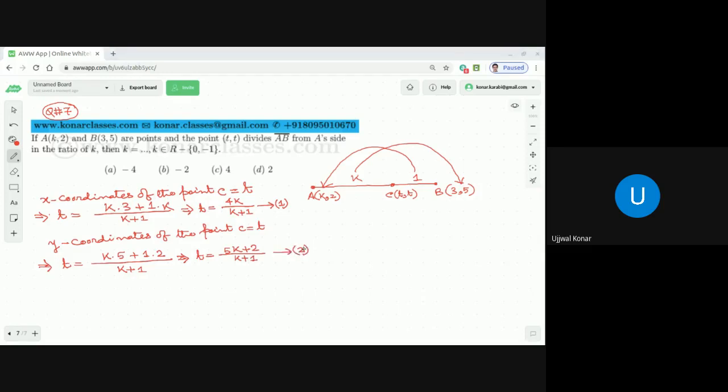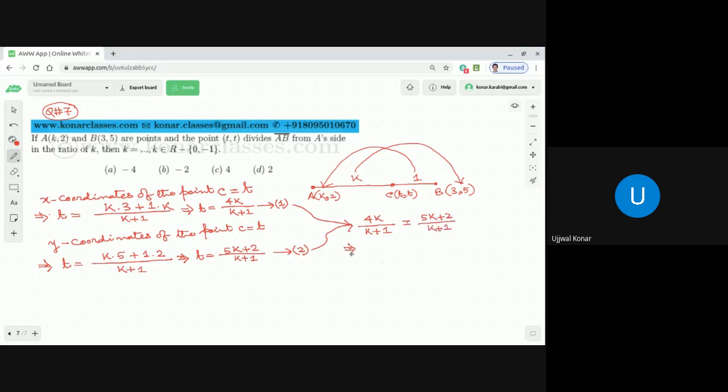So now from equation 1 and 2, let's take them together. 4k divided by k plus 1 is equal to (5k plus 2) divided by k plus 1.